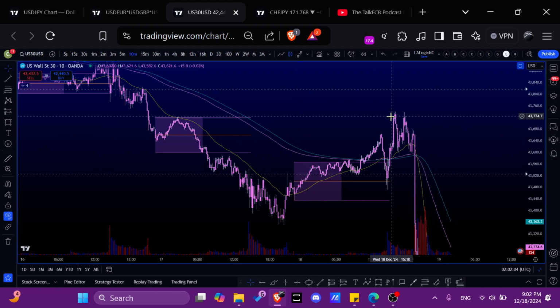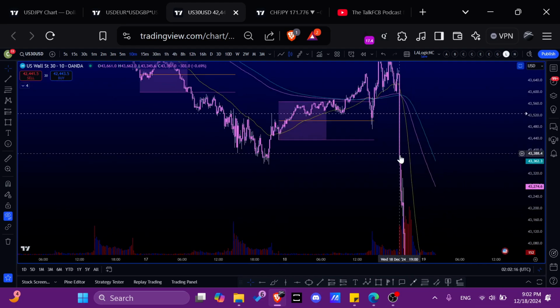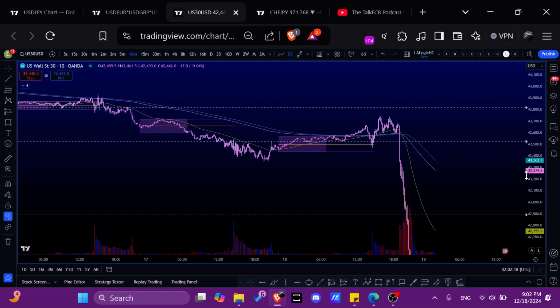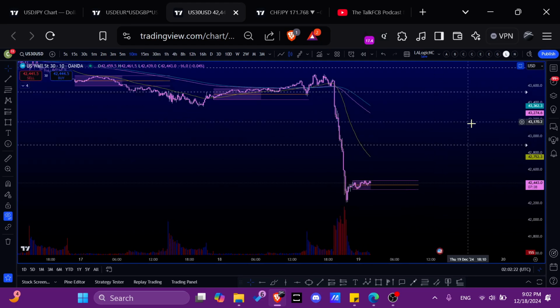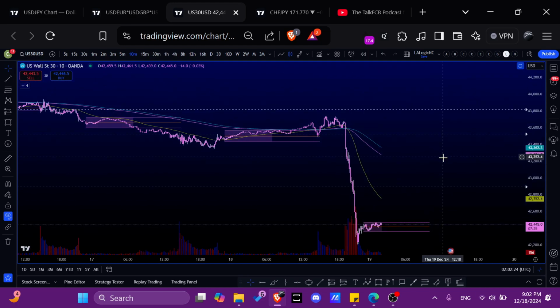It spiked up to the last high of the consolidation. For what? So it can continue to mark down. Mark down. And look at the way it marked down. Now that's a way to really assert dominance.